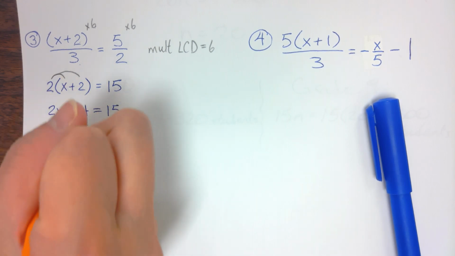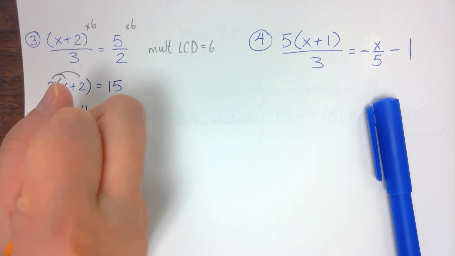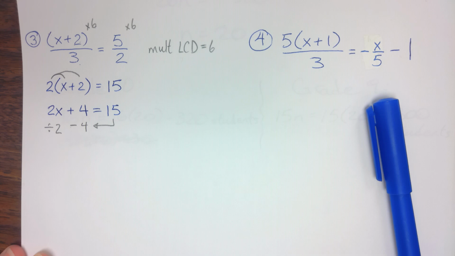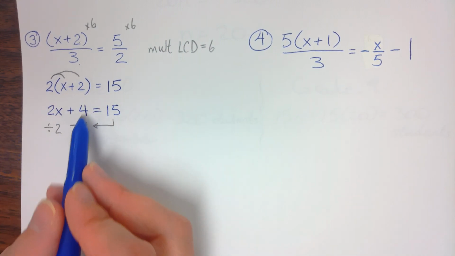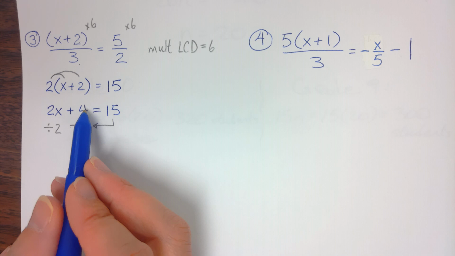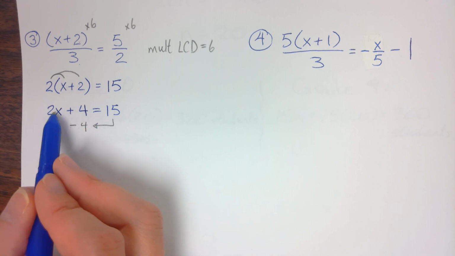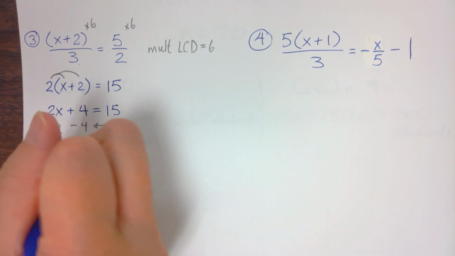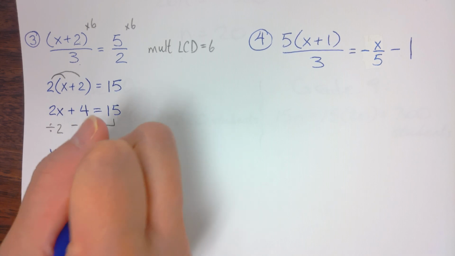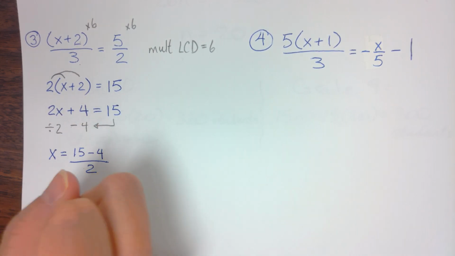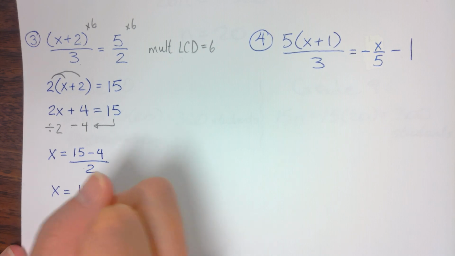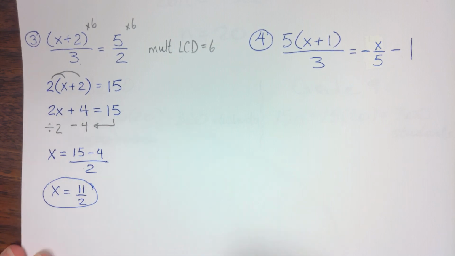And then we do 11 divided by 2. Opposite. So instead of plus 4, because we're doing the inverse now, it's minus 4. Instead of times 2, we divide by 2. So x equals 15 minus 4 divided by 2. So we get 11 over 2.